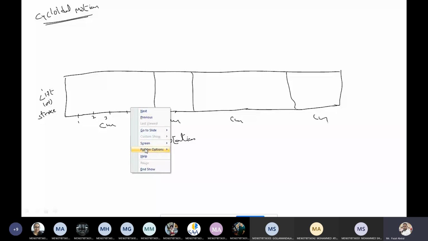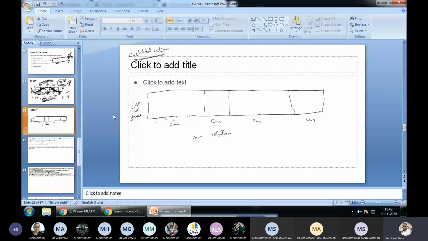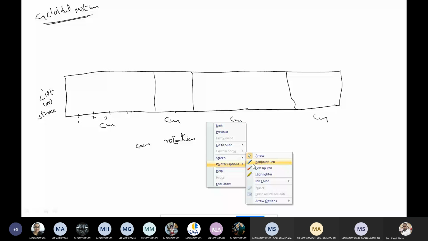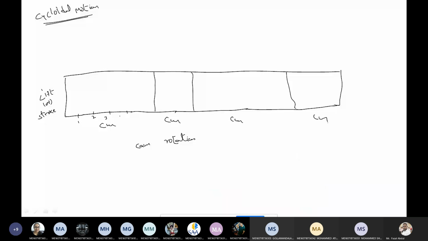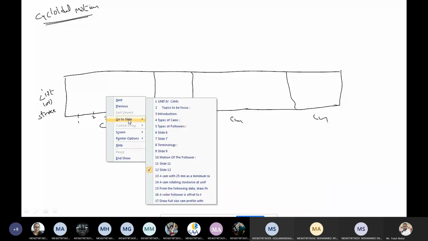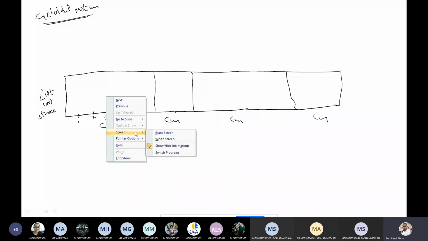I'm explaining in the PPT. Okay, sir, is it possible to make it bigger? Does anybody have an idea how to make this bigger? Color, arrow positions. It is not appearing larger. Go to slide, screen.